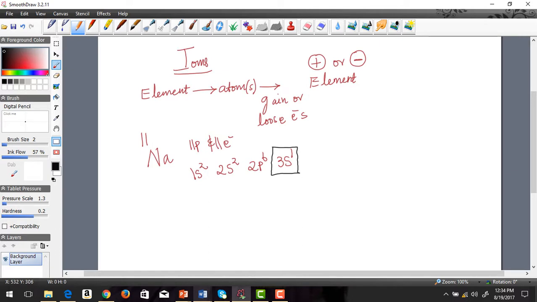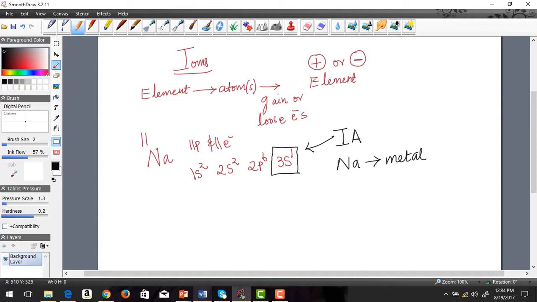So if you look at the periodic table, the column where sodium is labeled 1A, and sodium is a metal. That means it can only lose one electron, because I explained that when I explained the valence orbital and valence electrons.